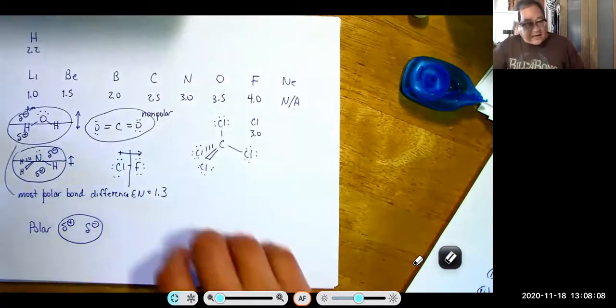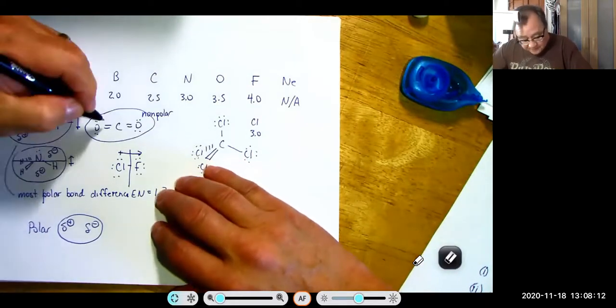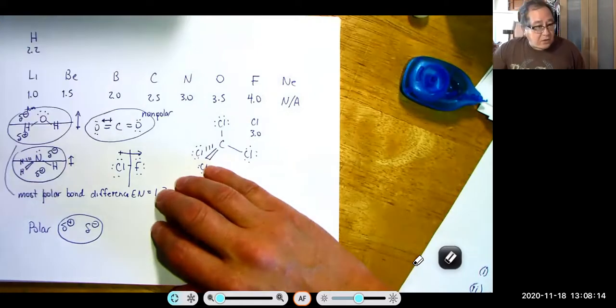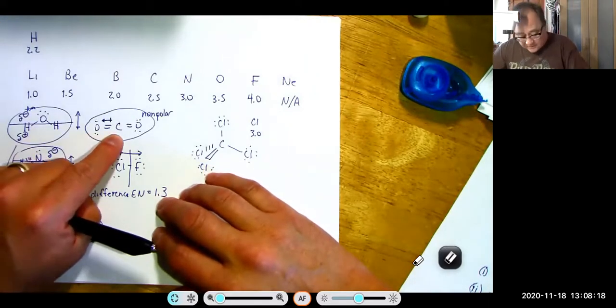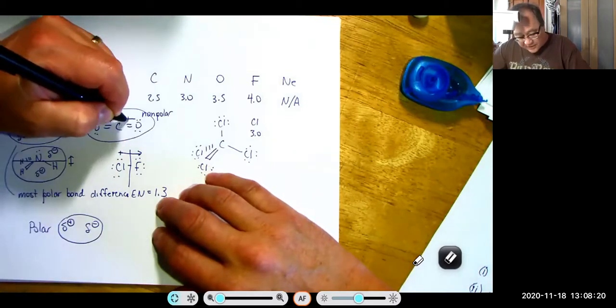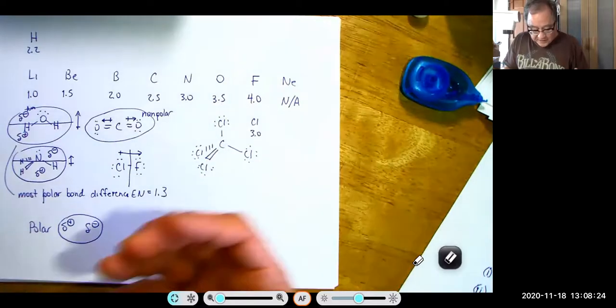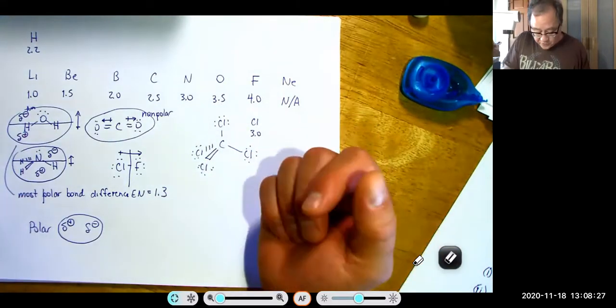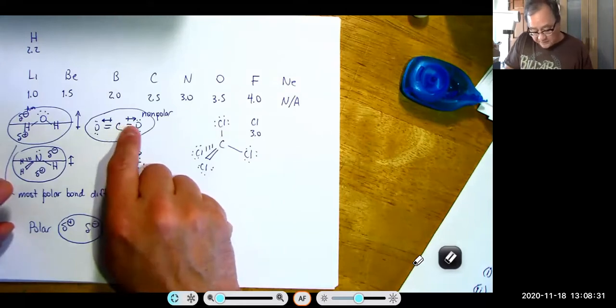And the way the book kind of handles it, and the way I like to handle it too, is we could say that that bond is polar, where the oxygen is more negative and the carbon's more positive. And we could do that for the other side too. With these arrows, I like to pretend that you're walking the dog. So you're that carbon, and this is a leash to a dog.